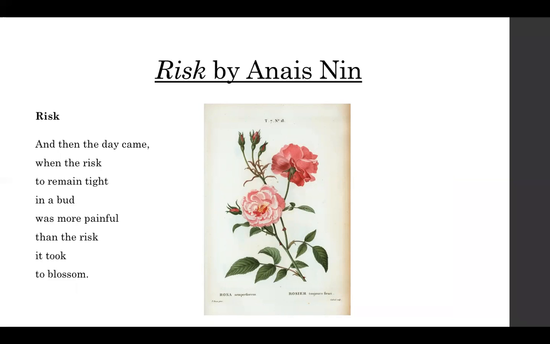Anyone can read this poem and apply it to a time in their life in which they chose to grow or develop or change direction, or make a big life decision because the risk of doing so was less painful than the risk of not trying at all. We get a great visual here of a tight bud and a flower in bloom. This poem is effective and it's relatable and moving.